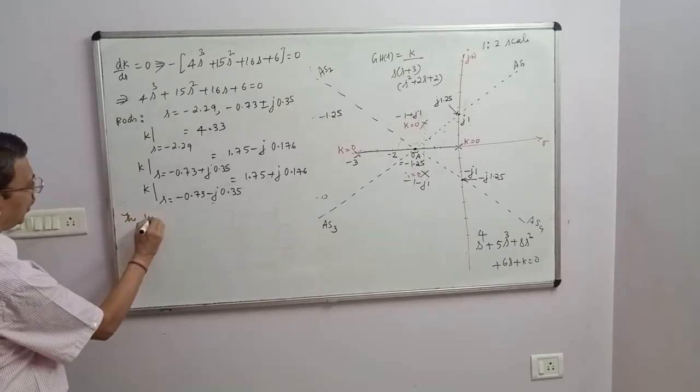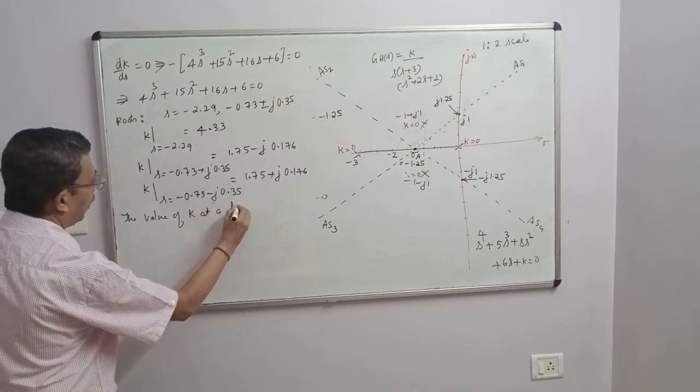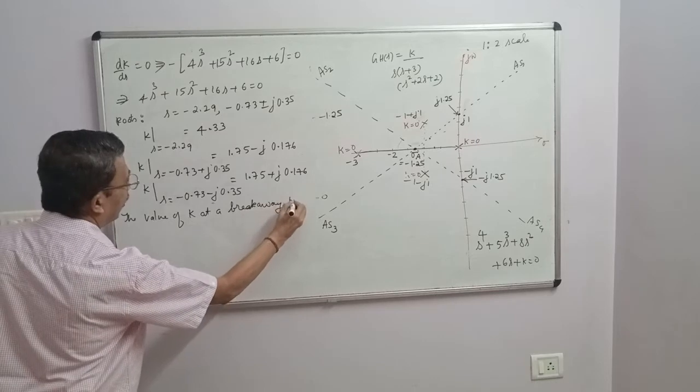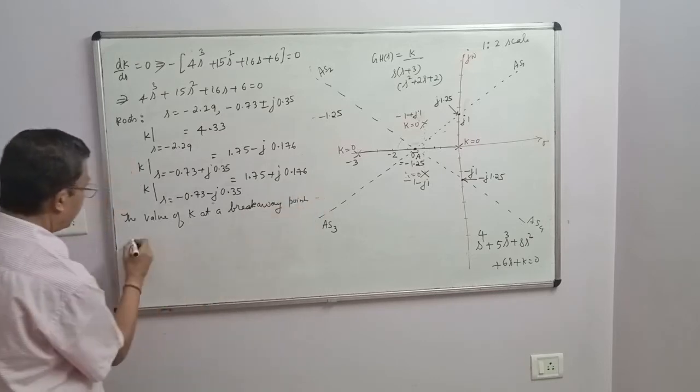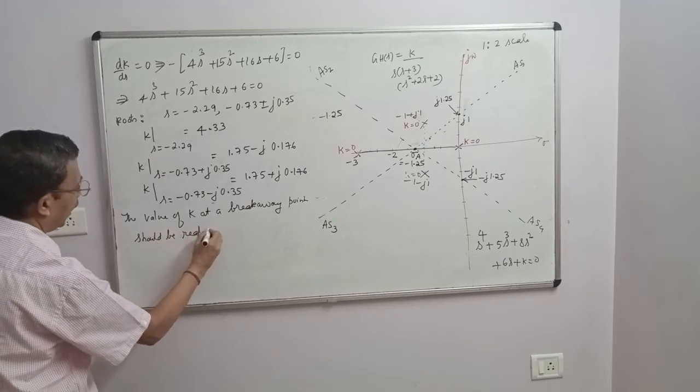The value of k at a breakaway point should be real and positive.